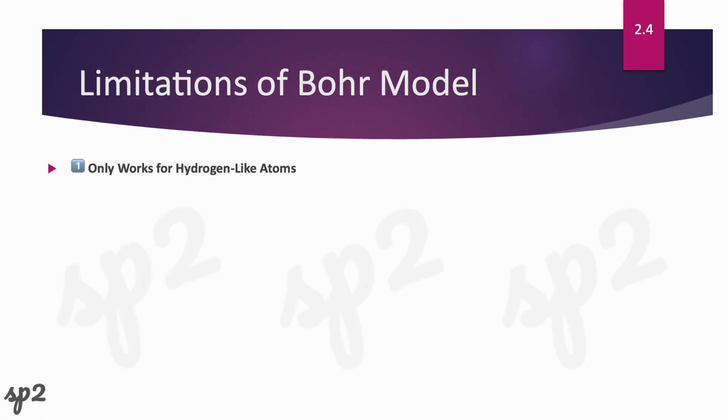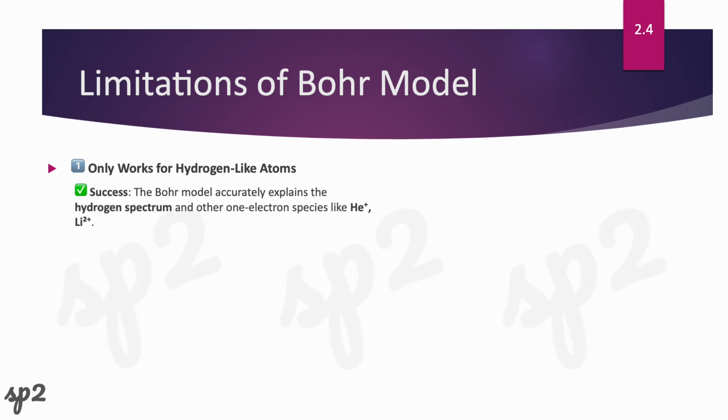Now take a look at some of the limitations or restrictions of the Bohr model. We like it when it comes to a one-electron system. If you have hydrogen or hydrogen-like species, let's say helium plus or lithium 2 plus, where we only have one single electron, this is going to be very helpful. You can definitely study the structure using the Bohr model.